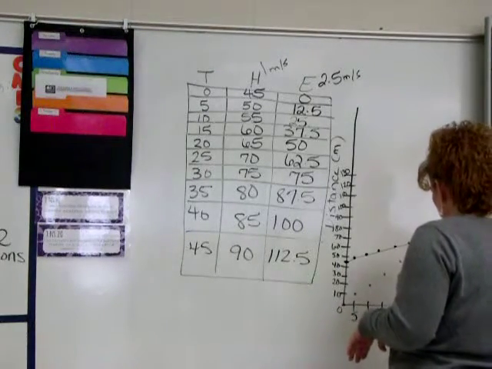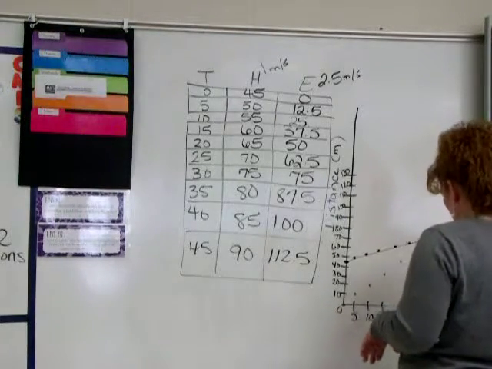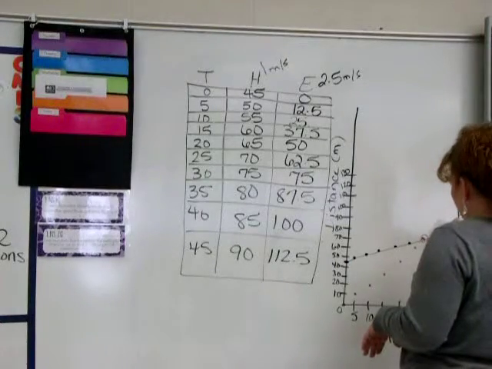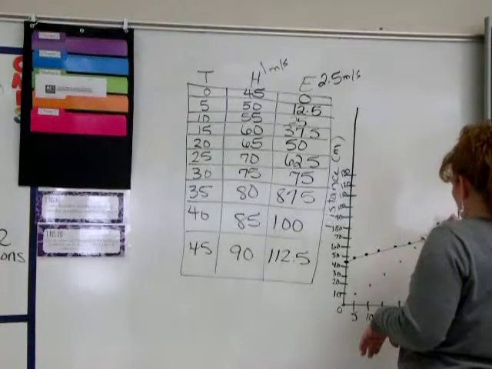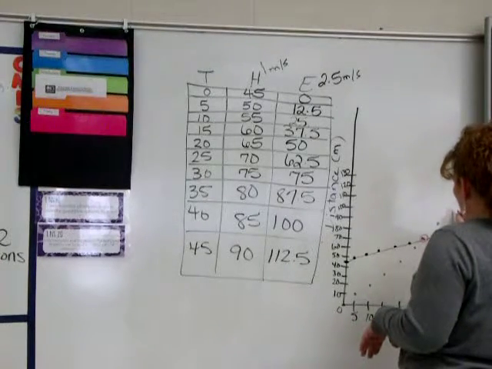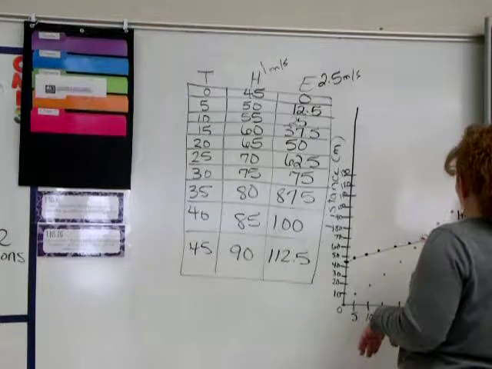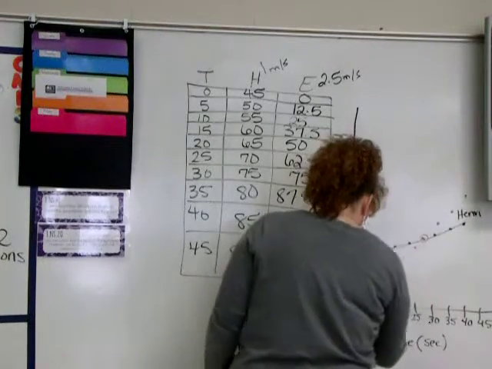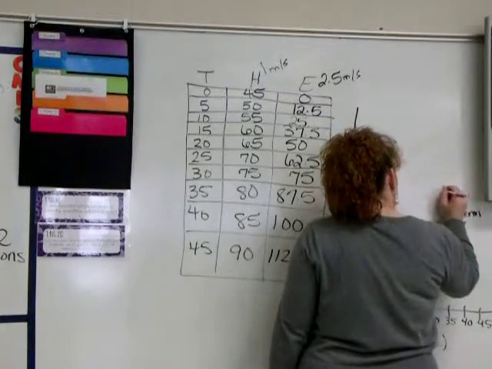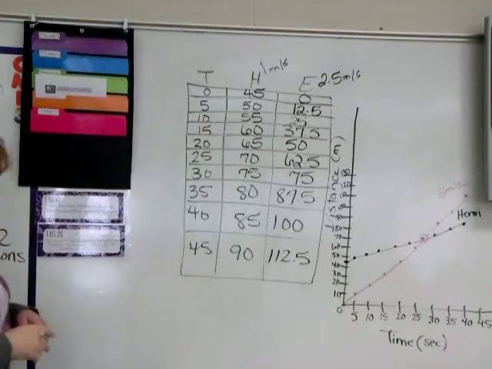At 30, you're at 75. 87.5. 100 and 112. And then you will connect Emil.